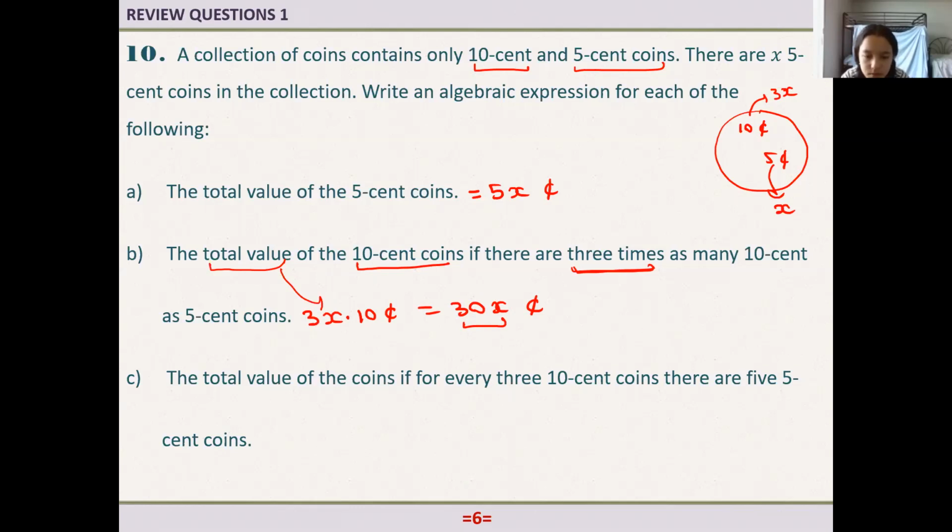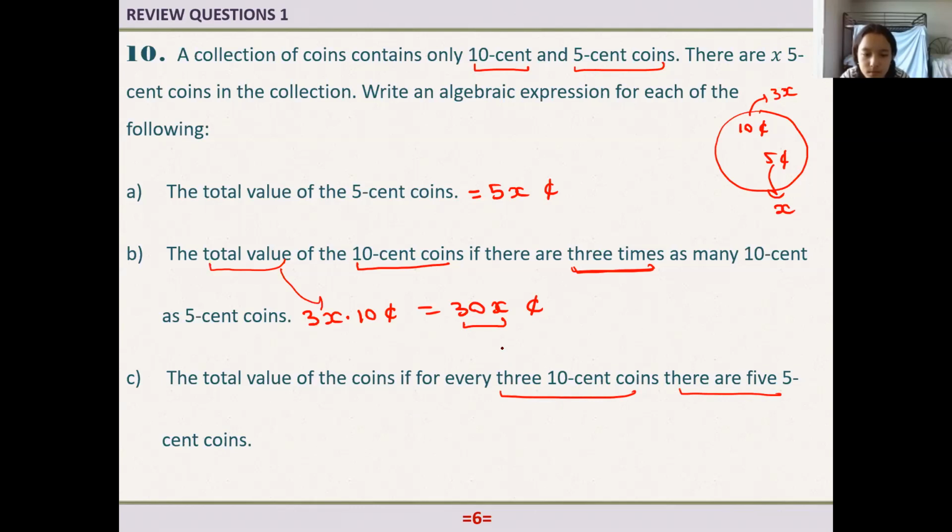Okay? And the next one is the total value of the coins if for every 3 10-cent coins, there are 5 5-cent coins.